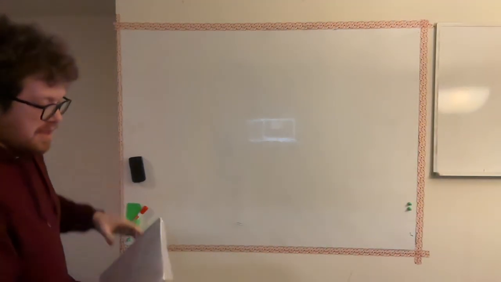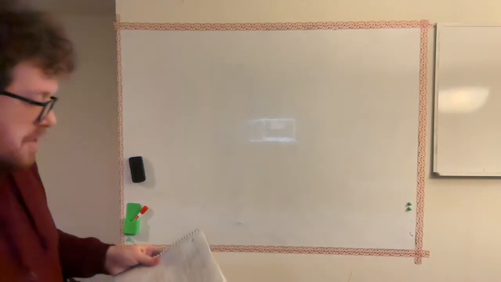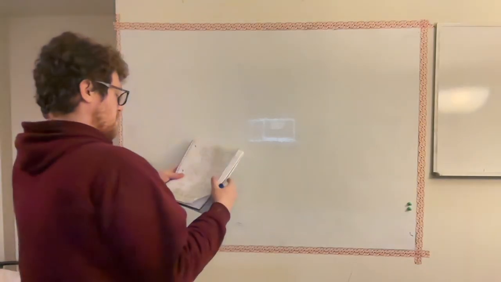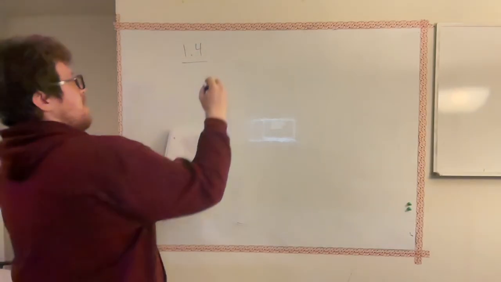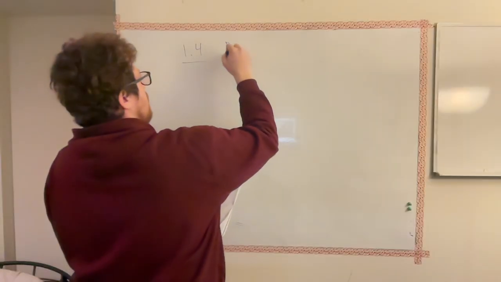Okay, so in the green book, The Function Theory of One Complex Variable, this is section 1.4, definition 1.4.1.